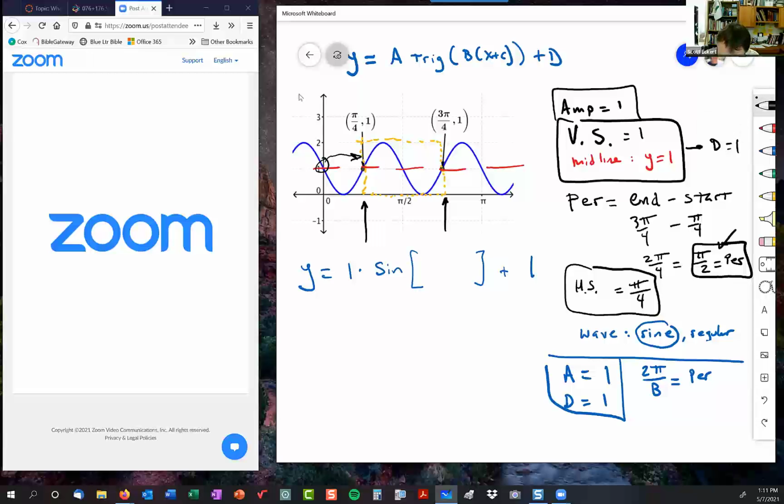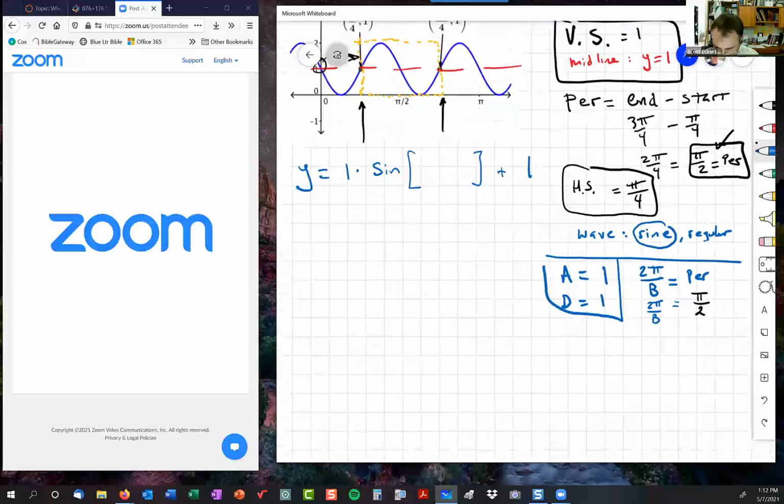So I'm going to plug that in. And that period has this formula. And now we can do algebra to answer the B number. Any questions about that formula?